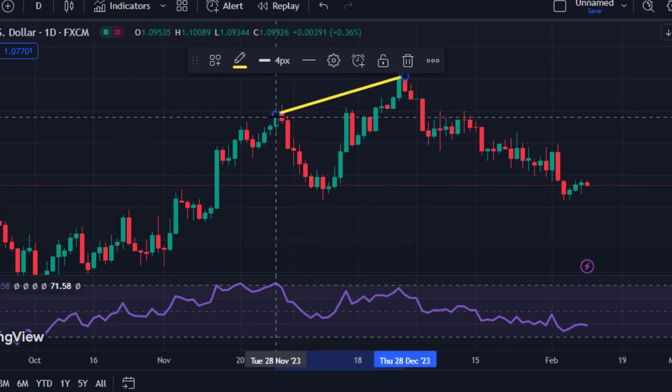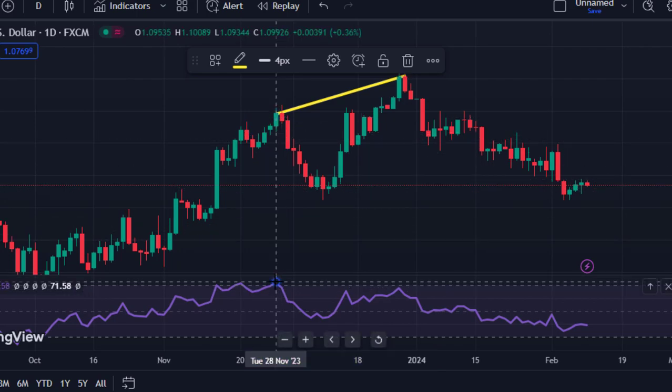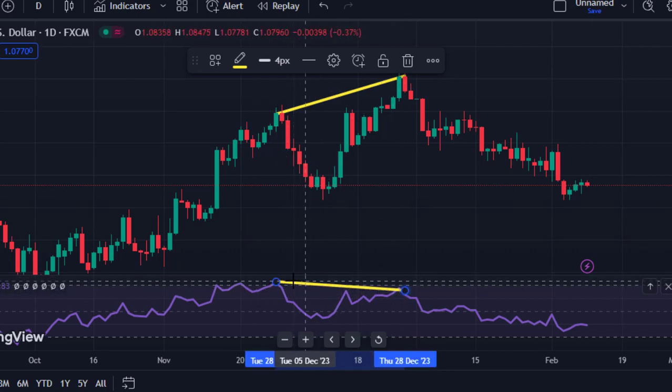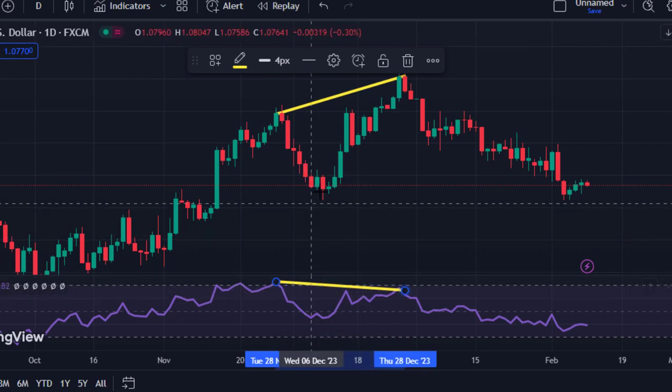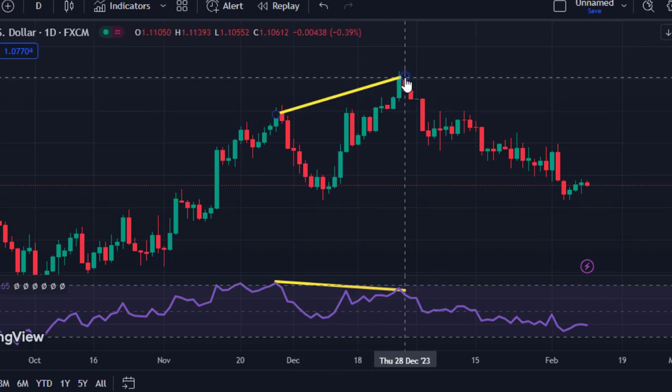If you connect the exact same points on the indicator from this very point to this very area, you discover that the market is creating a lower high. Okay, so the indicator is coming back down. If you follow the trend line, it is sloping downward on the indicator, and the market is moving upward on the price chart.